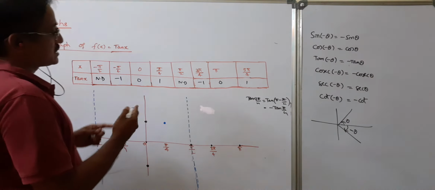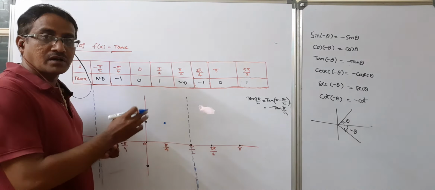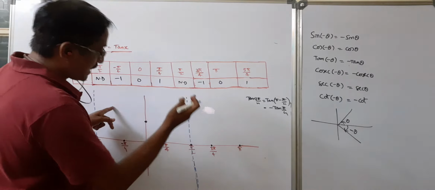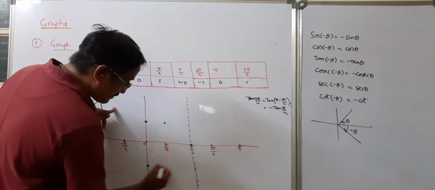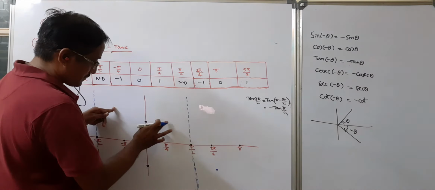Tan 90 degrees is not defined, so you cannot mark the point. And again tan 3 pi by 4 is minus 1. If this one is minus 1, you can have minus 1 here.